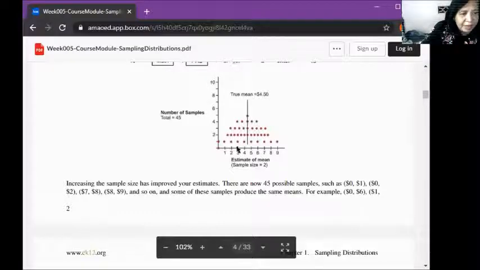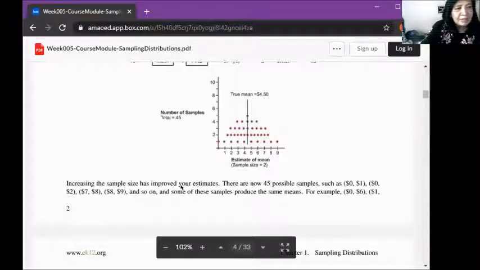The 3 here would have 1, 2, 3 samples. So the number of samples is 45.